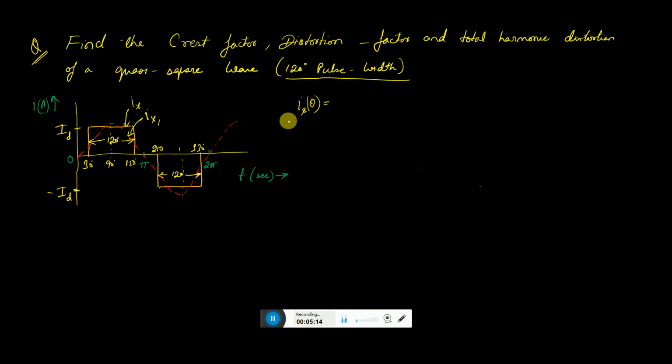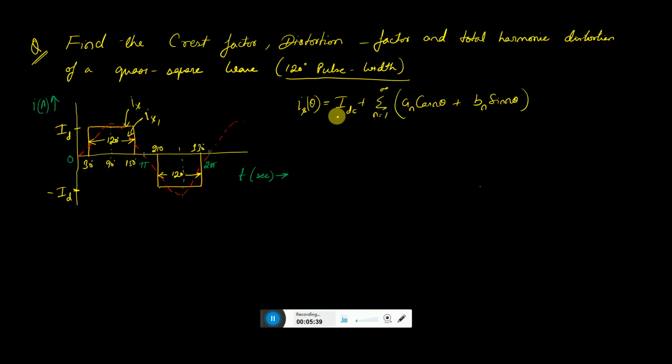If we do the Fourier series analysis of it, it is nothing but IDC plus summation of an cos n theta plus bn sin n theta, where n is from 1 to infinity.